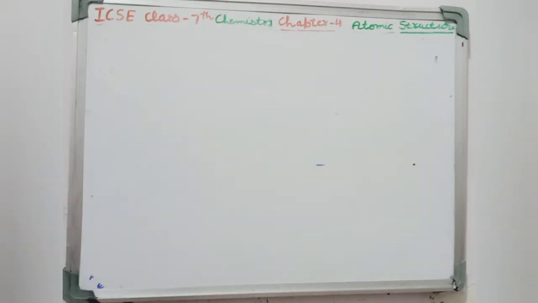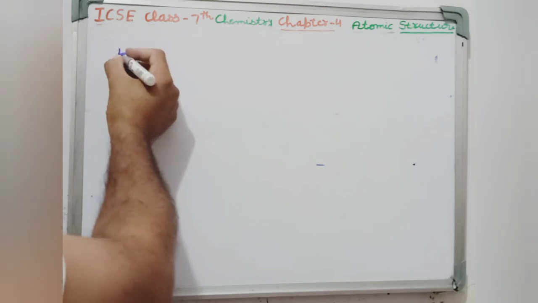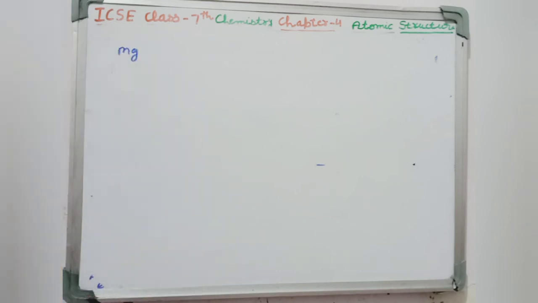Now, if we take some more examples of combining valency, suppose I write here magnesium.